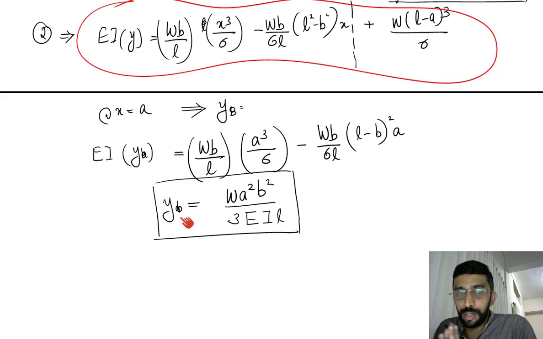Anyway, the only thing we know is that it is going to come somewhere between B and C, not in A and B, and not at B. So the question is on your table. Kindly think about how we can find the location of maximum deflection.